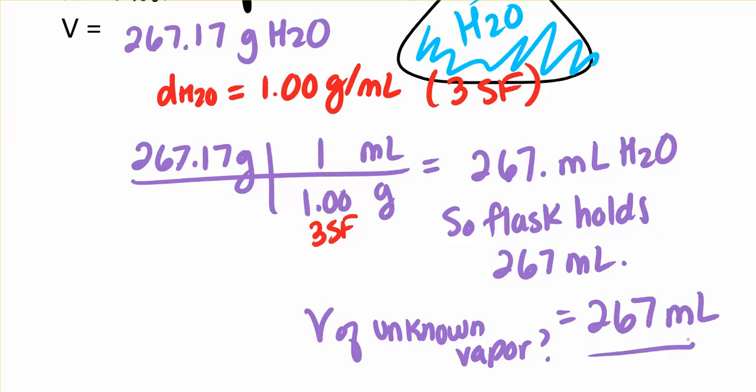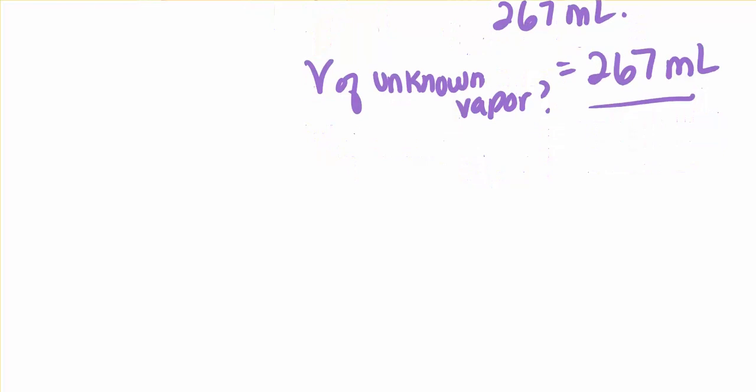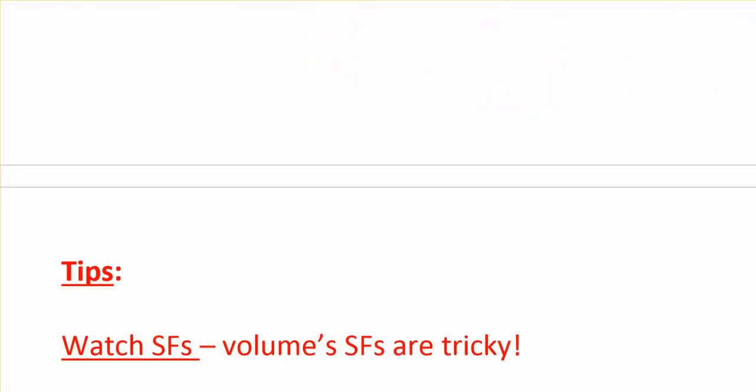Very good. And of course you'll need to convert that to liters for your calculation. So watch this. Be sure you get this exact calculation down and that you follow those steps so you'll get the right sig figs and stuff. Okay, that's the trickiest part. And then you just plug into that equation like we did before.